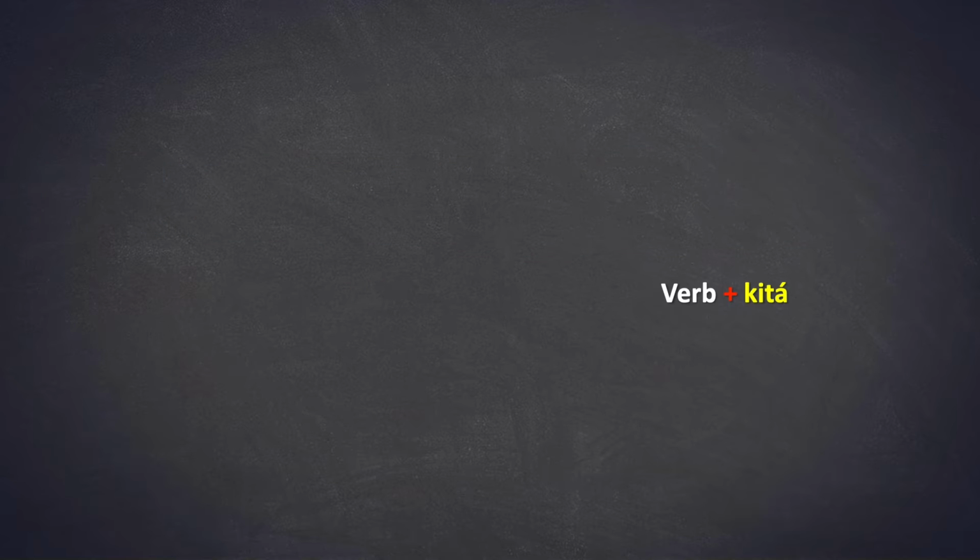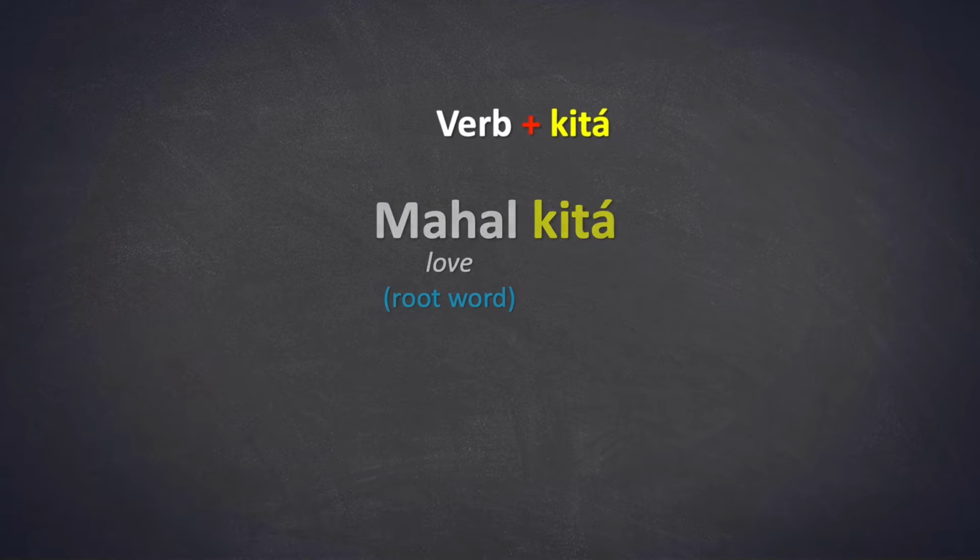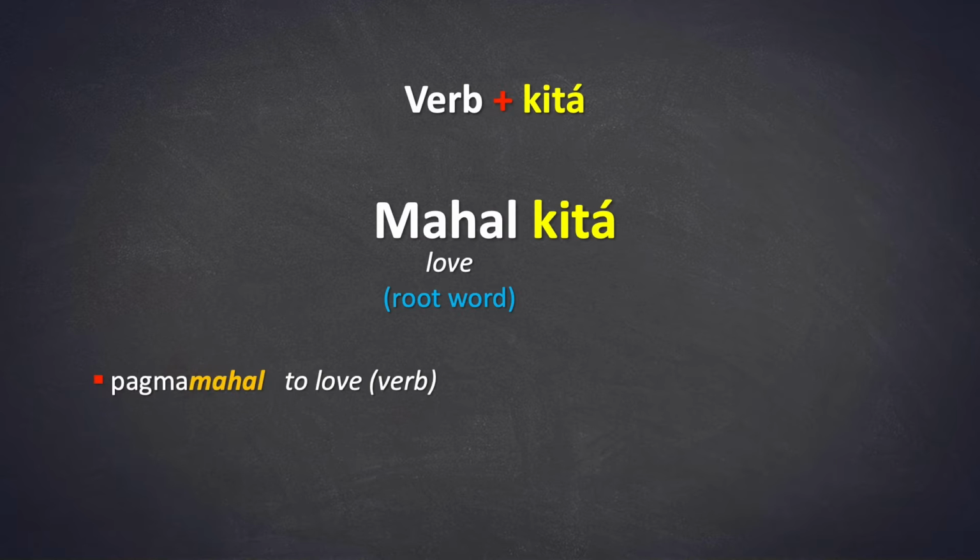Let me cite this example. To say I love you in Tagalog is Mahal kita. In English, to love is a verb, an action word. But Mahal is also a root word that means love. And as a root word, it is the building block to create new words. For example, pagmamahal, the actual verb to love.